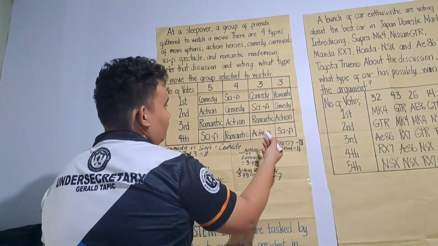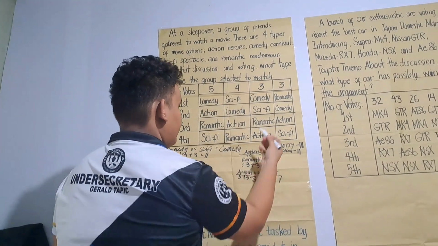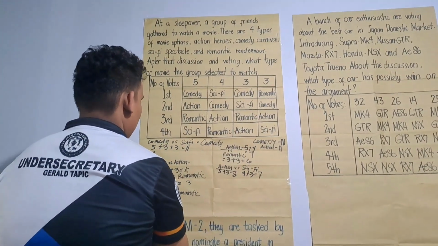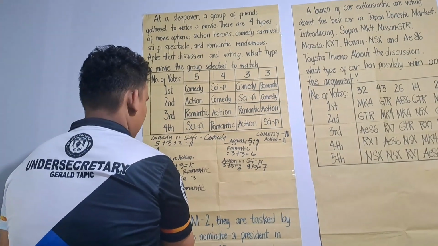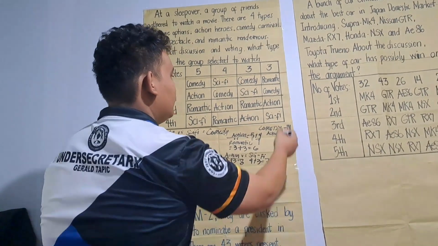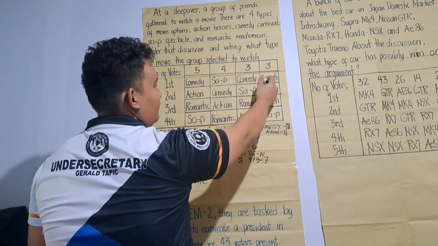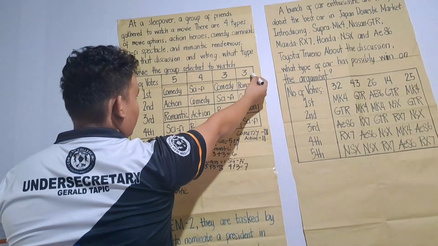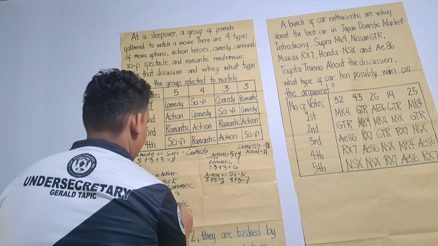In the third column, romantic is last and sci-fi is first, so the 3 votes go to sci-fi. In the last column, romantic is first, then sci-fi, so the 3 votes go to romantic.